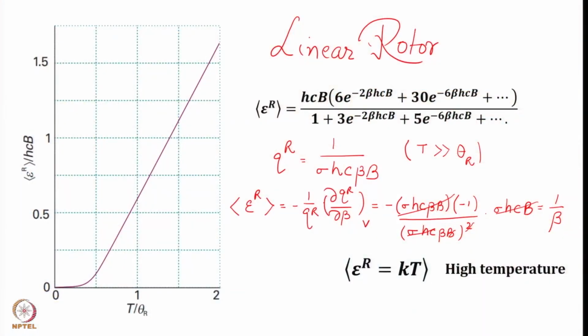For simplicity, if you calculate the mean rotational energy for a non-linear rotor, it will come out to 3 by 2 kT. I am leaving it for you to do this exercise.